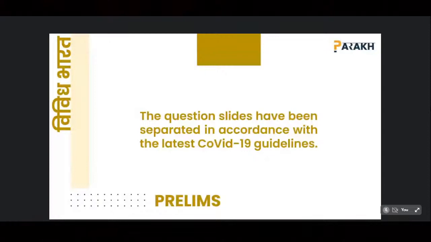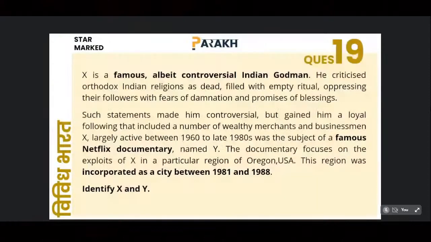X is a famous, albeit controversial, Indian godman. Orthodox Indians filled with empty promises of blessings. Controversial, but gained him a loyal following. He dealt with a number of merchants and businessmen between 1960 and the late 1980s and was the subject of a Netflix documentary named Why.